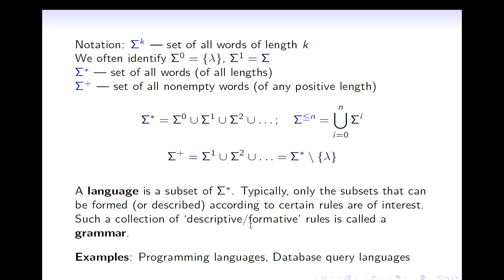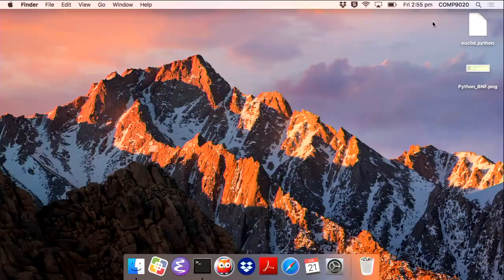If we have a collection of these descriptive or formative rules, examples are not only natural languages like English, but in particular programming languages or database query languages. Now, just to show you one example, and again, I'm referring to a particular programming language, Python.